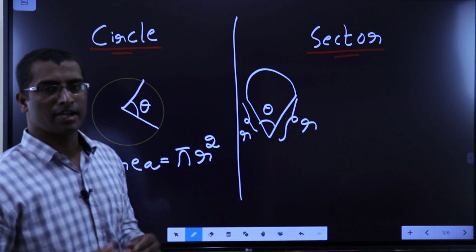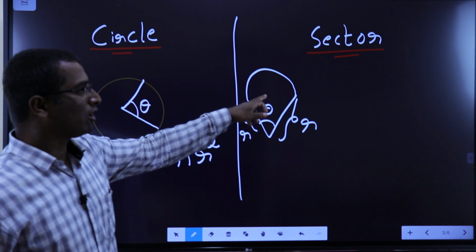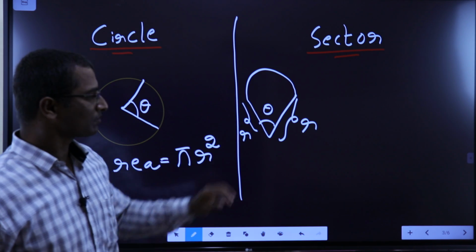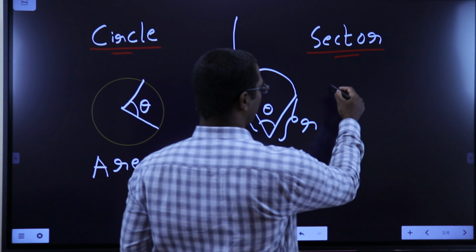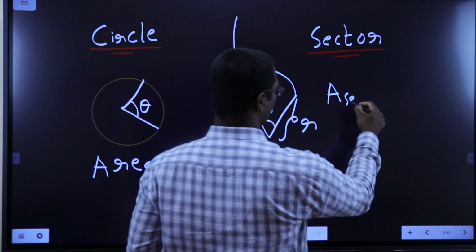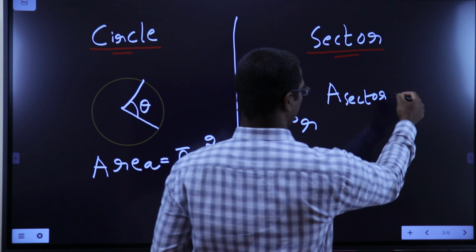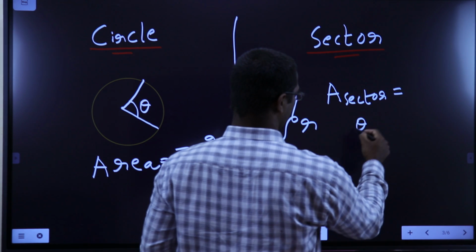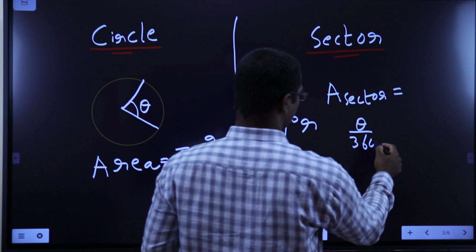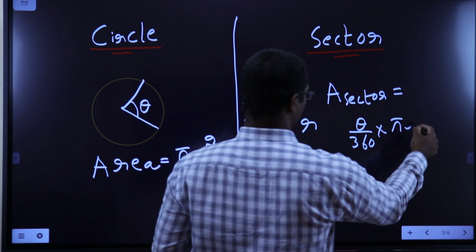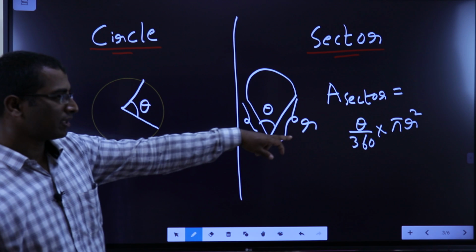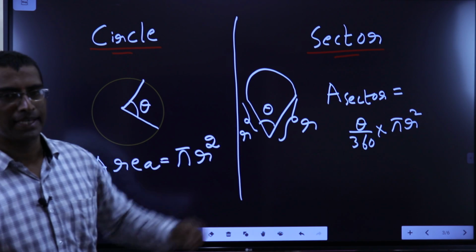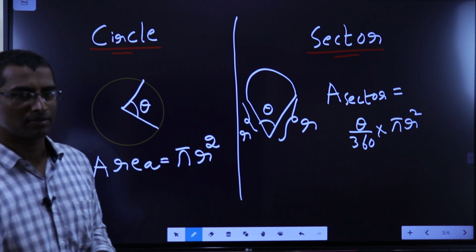A part of a circle taken out, we call it the sector. What is the formula for the area of a sector? Which you learnt in grade 10, is theta by 360 into pi r square. Whatever is the area of circle, before that put theta by 360 into pi r square will give you the area of a sector.